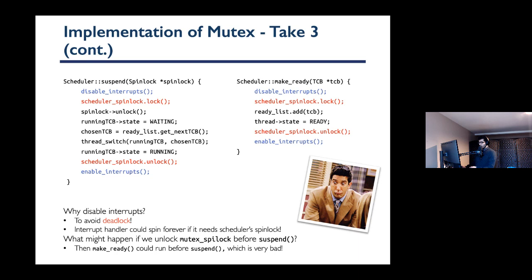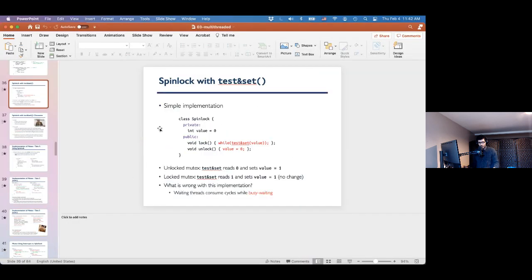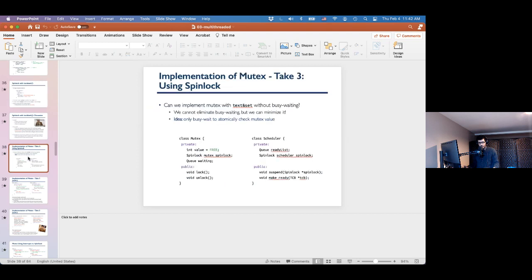Just wondering, where is the mutex Spinlock defined? Sorry, I just continued from the last lecture's slide. So if you're interested, it's defined here in the mutex.